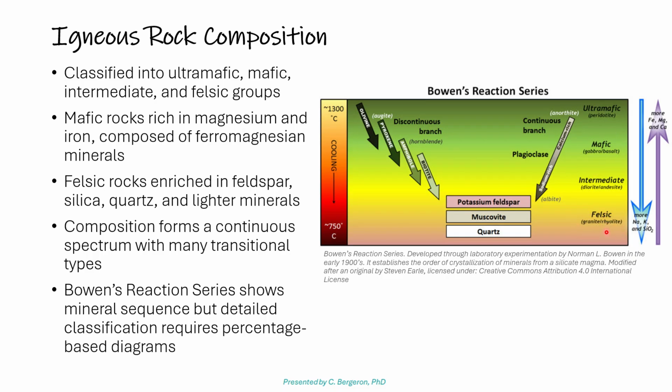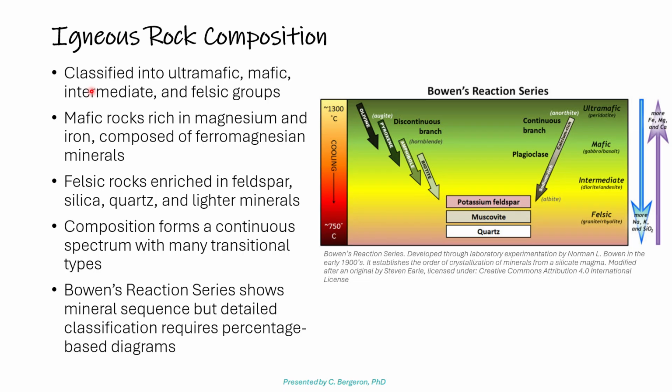Felsic refers to the overall composition being enriched in the feldspars, minerals of sodium-rich plagioclase and potassium feldspar, as well as silica. Silica is a very important one here, which is found in quartz.